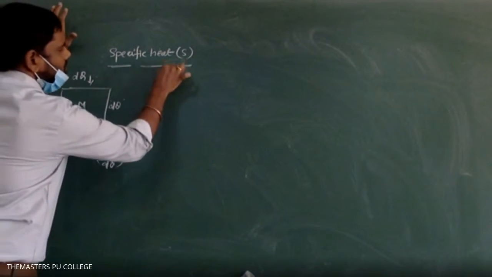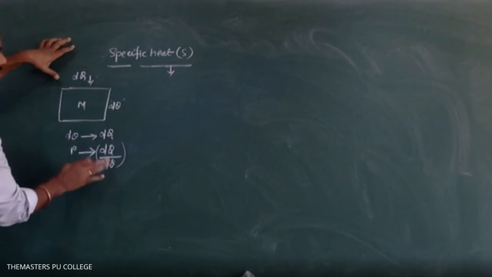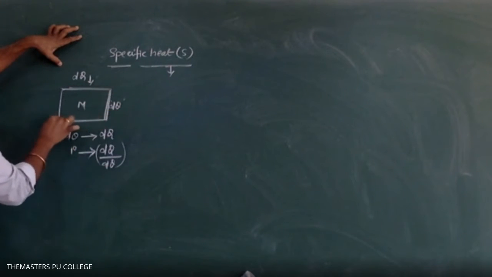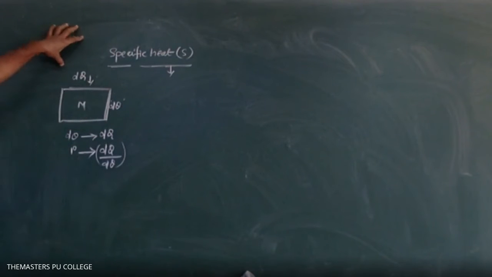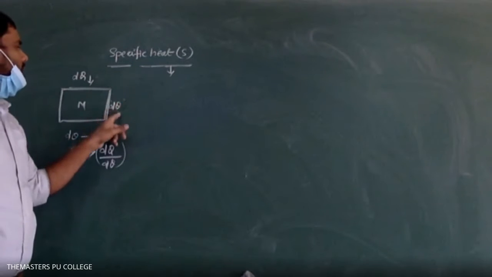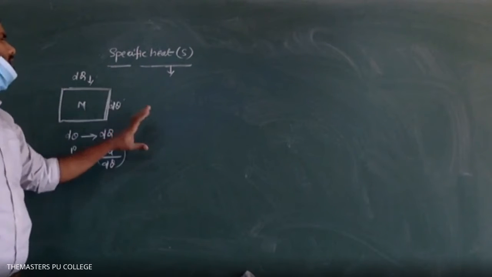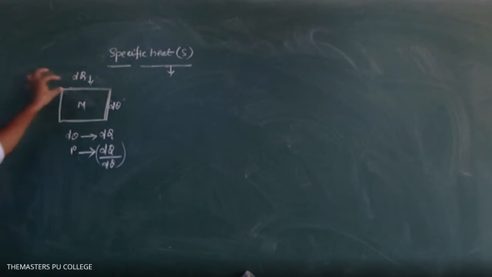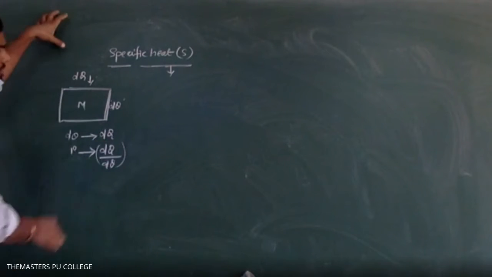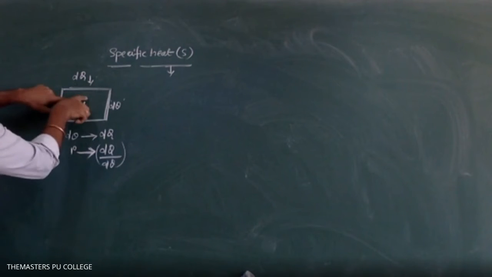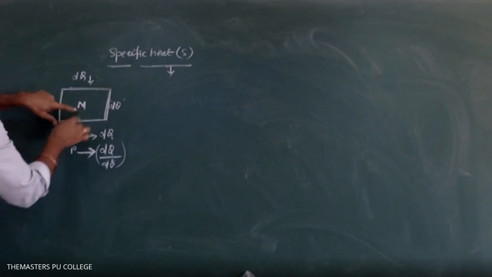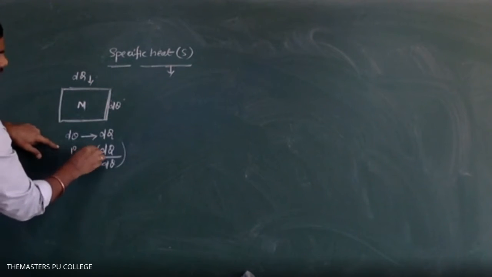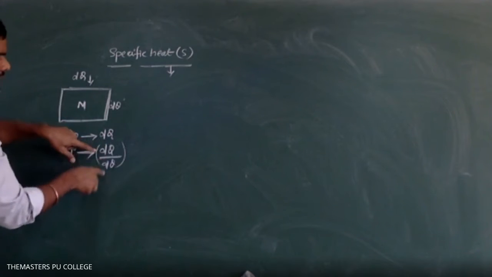Now, what is meant by specific heat? Simply, instead of considering this entire block, if I consider a unit mass, the heat required to raise a unit mass of substance by 1 degree Kelvin or 1 degree centigrade, that is the specific heat. For the entire block, for m mass of substance to raise its temperature by 1 degree, we supply a heat of dQ upon d theta.